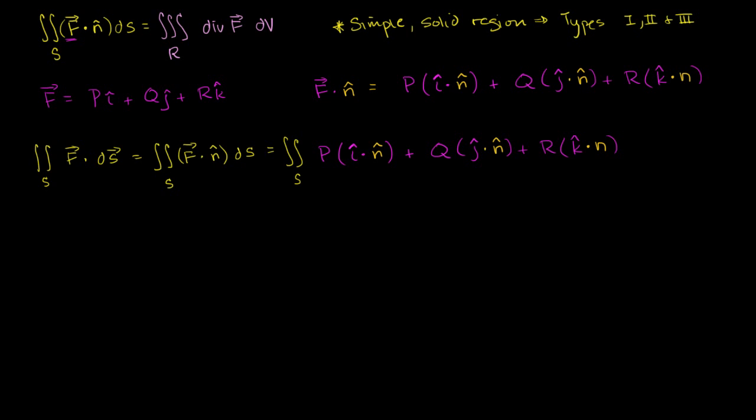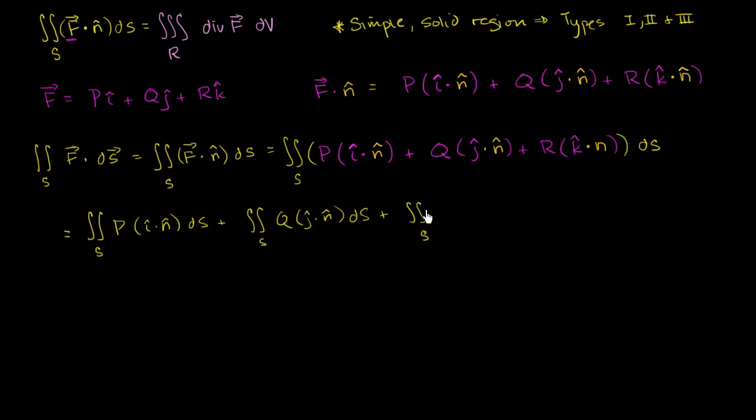And I just noticed that I forgot to put the little unit vector symbol, the little caret, right over there. Put some parentheses, and then we are left with our dS. And then all of this can be rewritten as the surface integral of P times the dot product of i and n dS, plus the surface integral of Q times the dot product of j and n dS, plus the surface integral of R times the dot product of k and n dS.